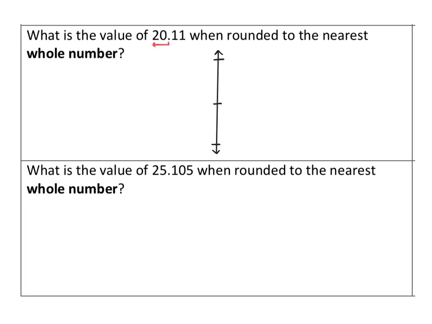So 20 will be the number that we are to round down to. So 20 goes at the bottom. What is 1 more than 20? 21. So we are either going to round down to 20 or up to 21. Now, we need to know what is halfway between 20 and 21. Well, 20 1/2. And as a decimal, we write that as 20.5.